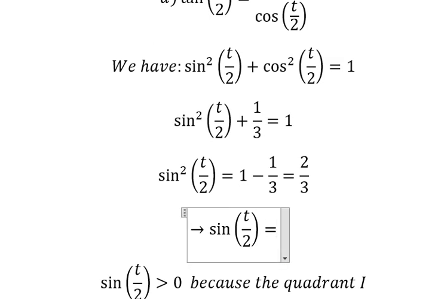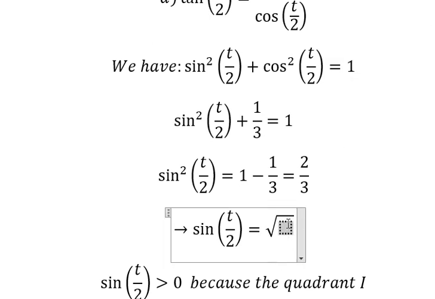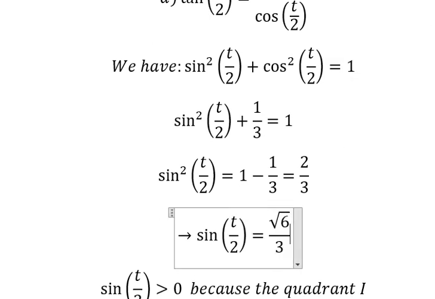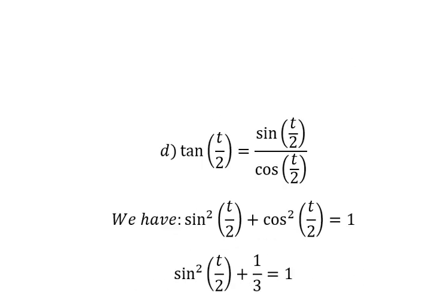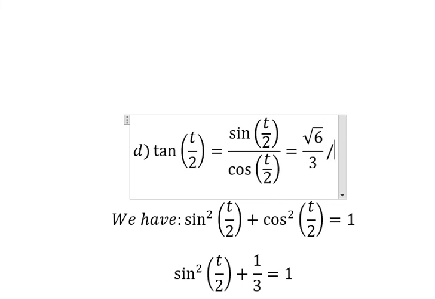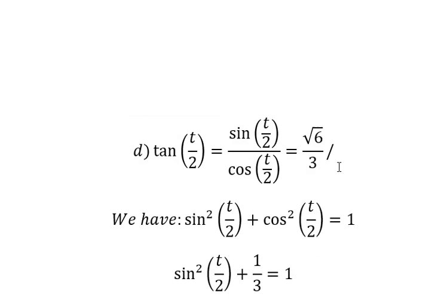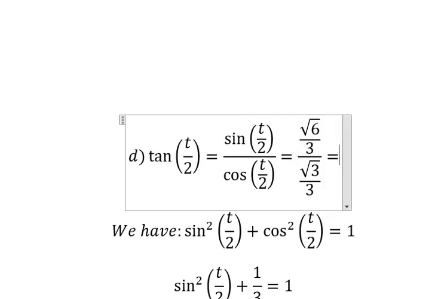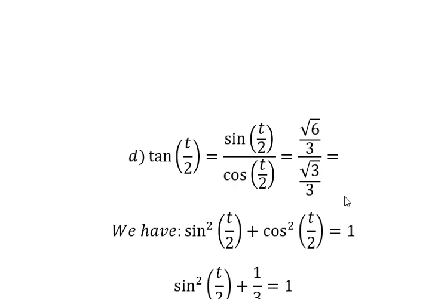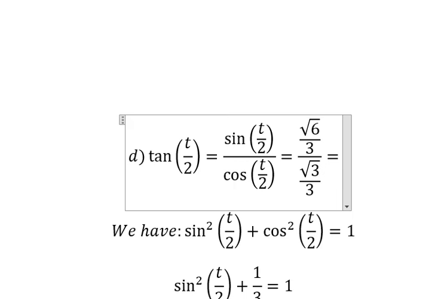So we have the square root of 6 over 3. Now we put this one in here. We calculate this one. So we have the square root of 2.